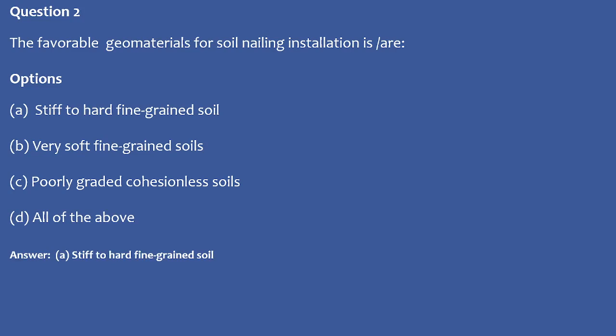Yeah, so the answer is A. We go for nailing in geomaterial which is stiff to hard fine grained soil only. In soft fine grained soil, there won't be that much interfacial force between the nail and the soil, and poorly graded cohesionless soil will also be subjected to the same problem.